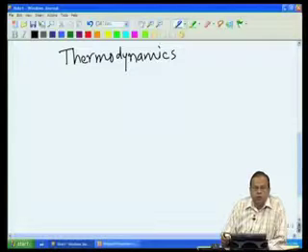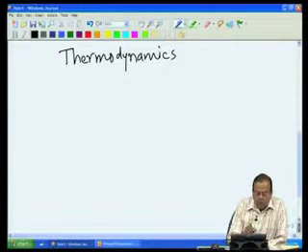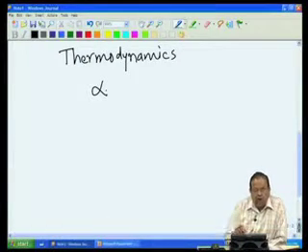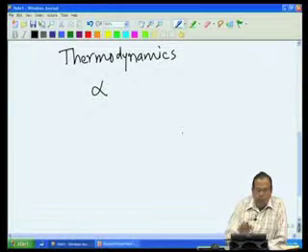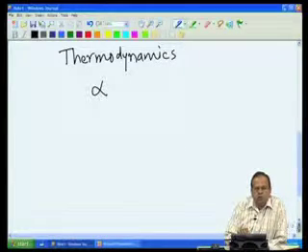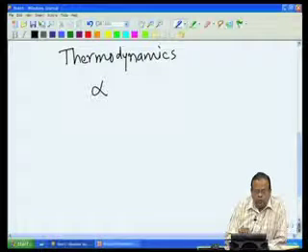How do we measure the progress of a reaction? We defined variable alpha as extent of reaction, and then tried to seek what will be the limit on this extent of reaction when we have a chemical reaction such as summation nu_j A_j equal to 0.